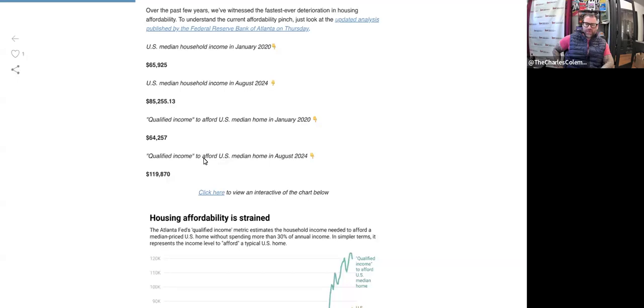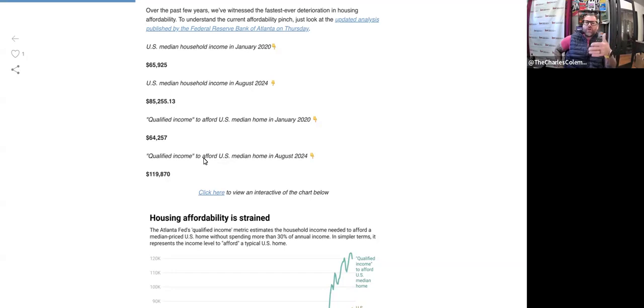Then what we have to talk about is the income needed to actually afford a home, and that's where it gets interesting. When we're talking about 2020 and the interest rates being, I'm going to say it, let's call it free. Like money was free in the grand scheme of things back in 2020, 2021. So the qualified income you had to have to afford that median home was $64,000.